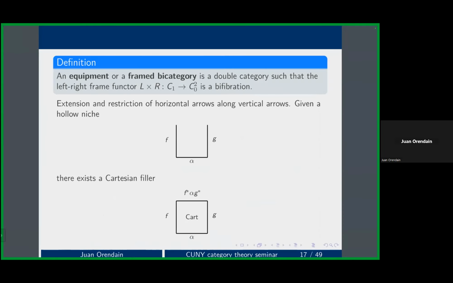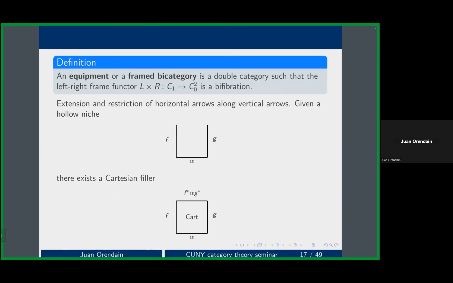Okay, now a framed bicategory is, as you pointed out, a double category with a sort of quasi-category, form filler condition. So an equipment is a framed bicategory where the left and right frame, so this is L times R, the functor that associates to every square the pair formed by its left arrow and its right arrow, is a bifibration, so a fibration and an opfibration.